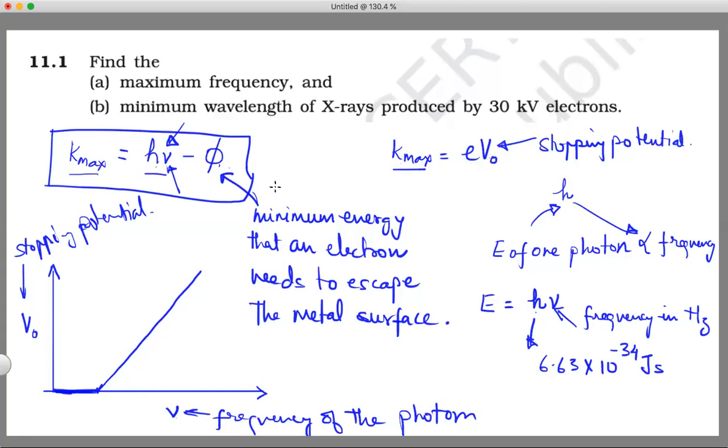If K max is e V naught, what does this equation transform into? e V naught is equal to h nu minus phi. So it is a linear equation. This is a constant. So what do we find? That V naught is linearly dependent on nu. If we keep increasing the nu, the V naught required to stop the electrons keeps increasing.